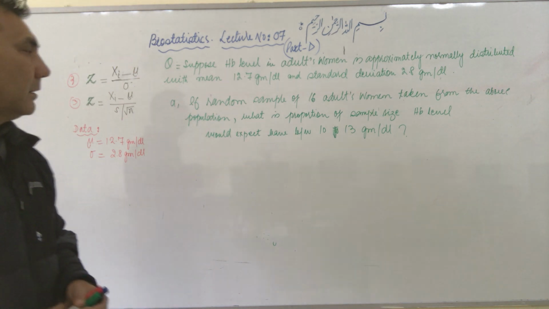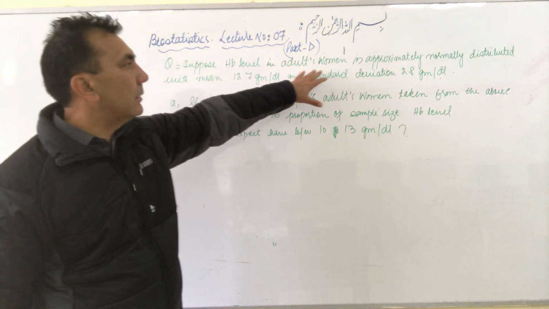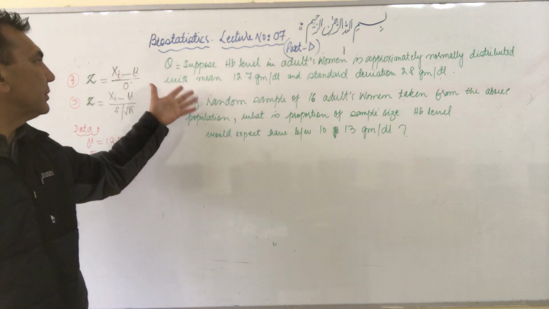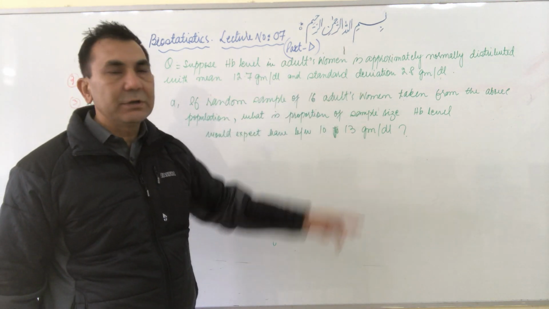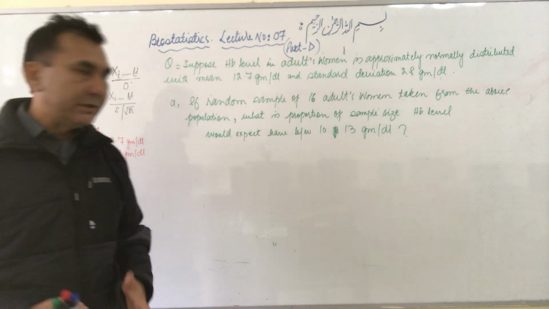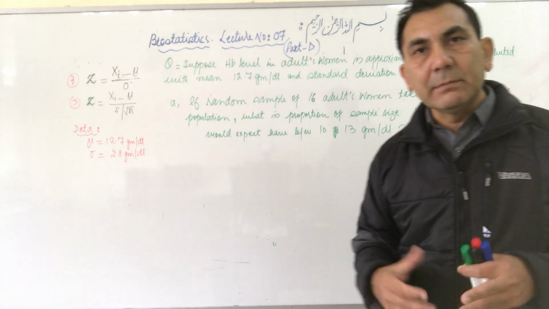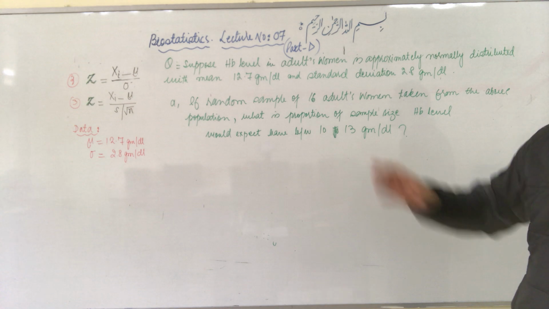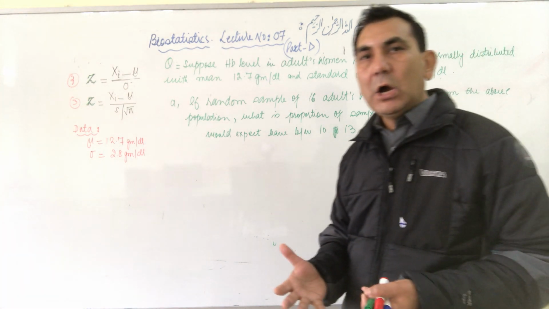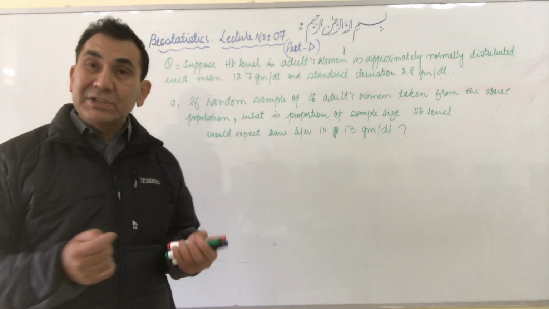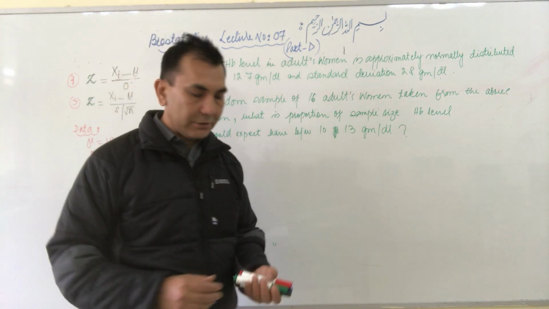Now in these questions, the question is the same: suppose the hemoglobin level of the adult woman is approximately normally distributed with mean of 12.7 gram per deciliter and the standard deviation is 2.8 gram per deciliter. Now this question is asking, if we randomly select 16 adult women from the same above population, what will be the expected proportion of the hemoglobin level of the 16 adult women between 10 to 13 gram per deciliter.